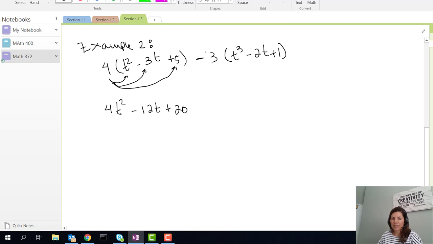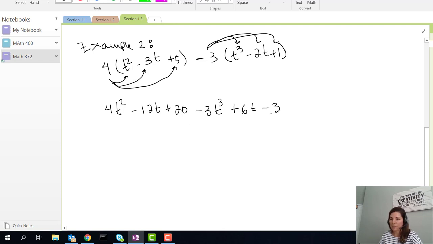And then we do the same thing for the second one. So minus, take the negative with you. So minus 3t cubed, minus times a minus 2, so that becomes a positive, so plus 6t and minus 3 times a positive 1 is going to be minus 3.